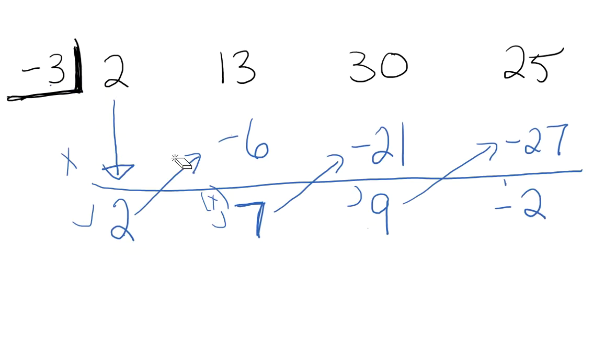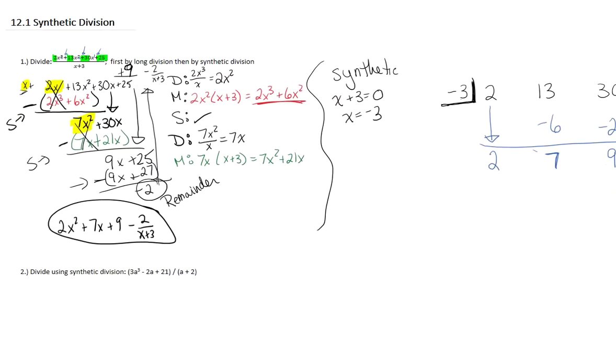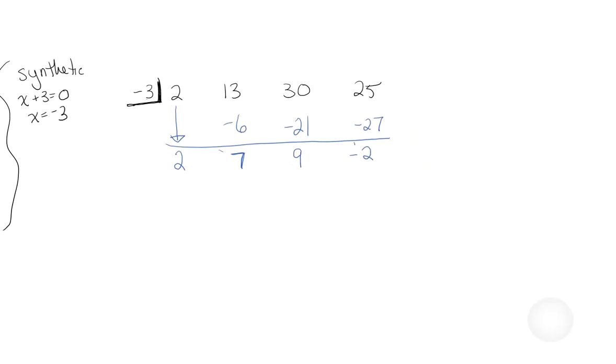Get rid of some of these lines real quick. And I hope you kind of see what ended up happening. If we zoom out and look at our answer to the long division, all of these coefficients are the same as what we have over here. And that's going to happen. This is a shortcut for long division. This right here is going to be your remainder.